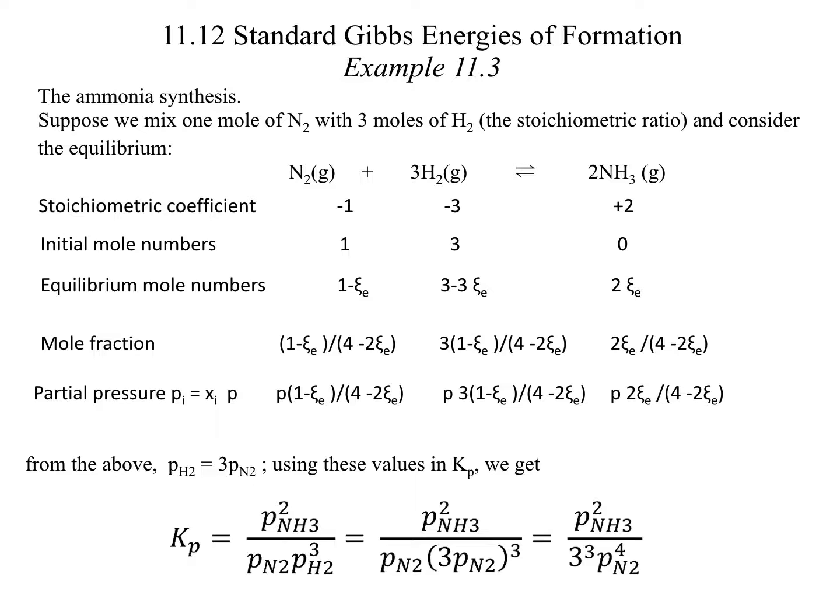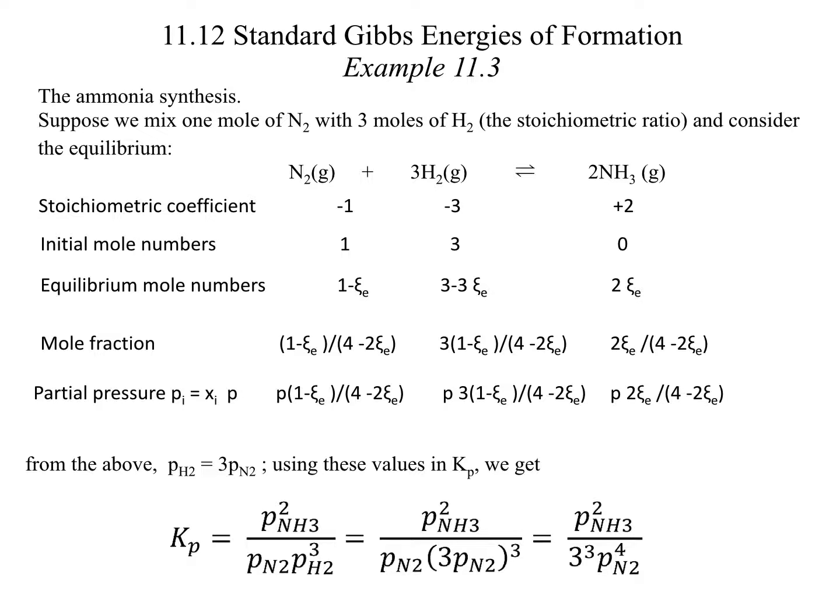Making the substitution, pressure of hydrogen goes to 3 times the pressure of nitrogen, so the denominator becomes 3 times pressure of nitrogen cubed. This simplifies the situation, and we get the Kp expression equal to pressure of ammonia squared divided by 9 times the pressure of nitrogen raised to the power 4.